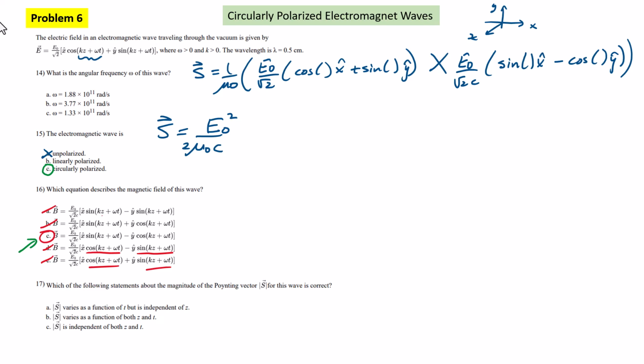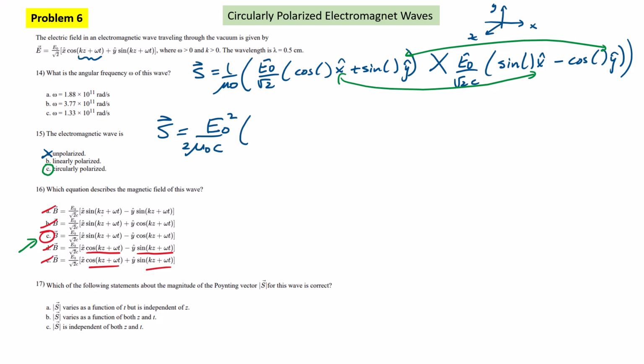I think that's okay. Now we have to FOIL this expression right here. Look at the first term. We don't have to worry about anything with x cross x. Those terms are going to give you 0. Also, the y cross y terms that you get over here also give you 0. The only thing we're left to worry about are all of the cross terms.